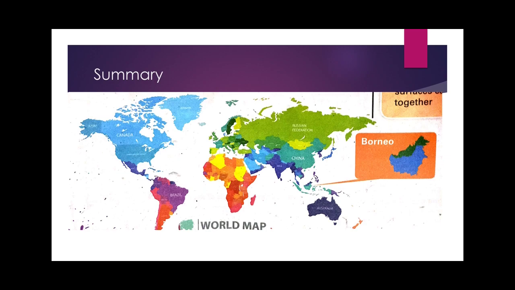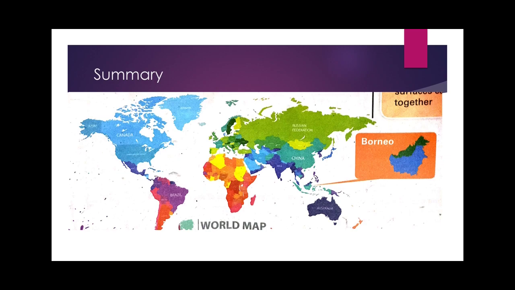Like we have lots of islands in our country, like Majuli, Andaman Nicobar, etc., Borneo is one such island which we can find in the continent of Asia. And I hope that you also know that India is also in the Asia continent. This island Borneo has territories of three countries, and they are Malaysia, Indonesia and Brunei.